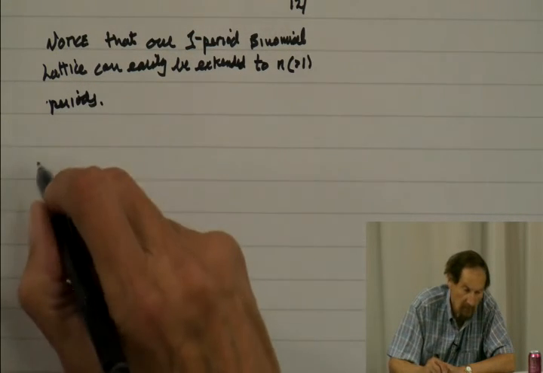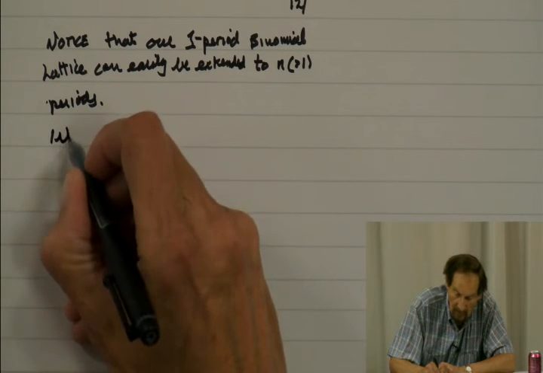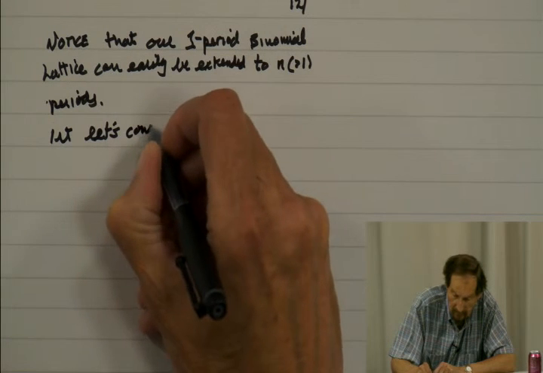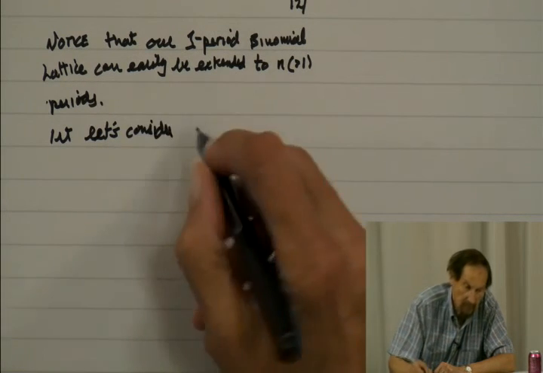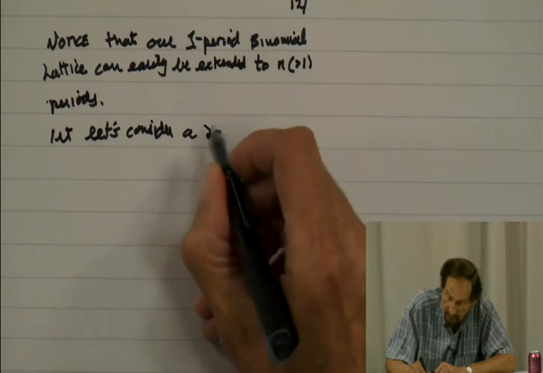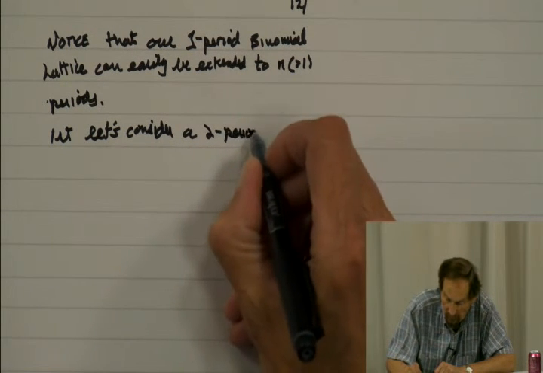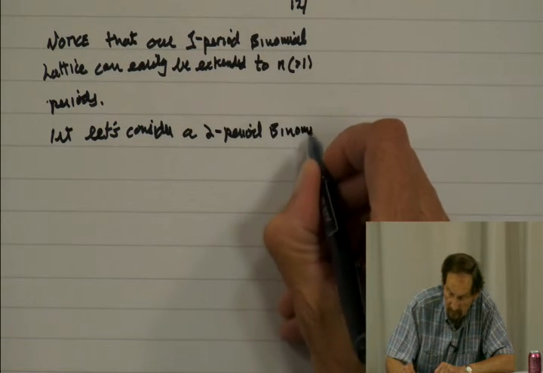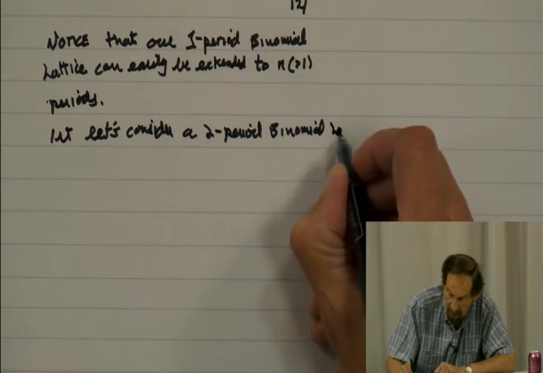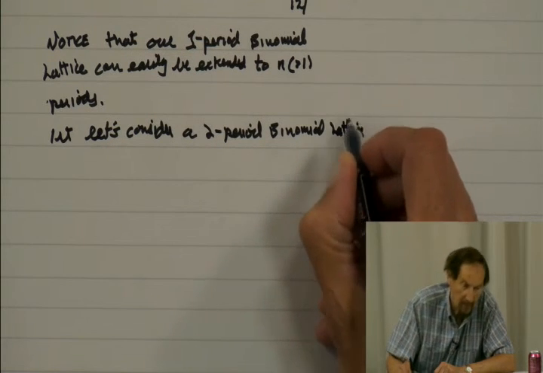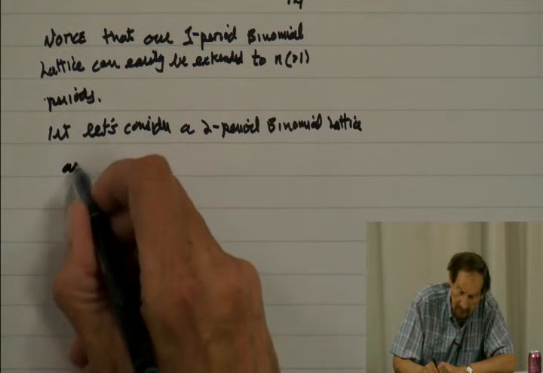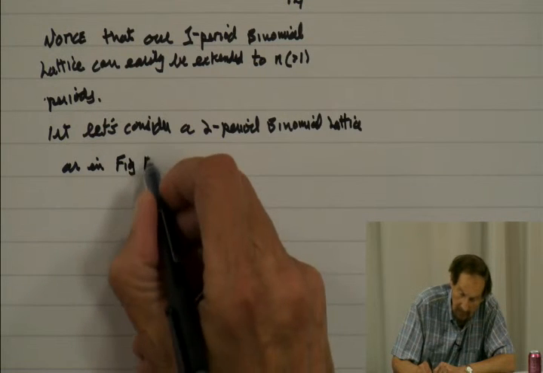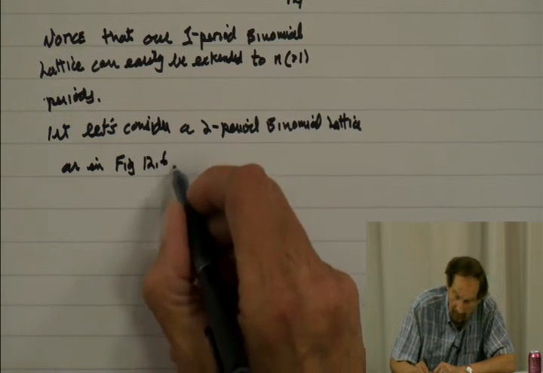Okay. First, let's consider a 2-period binomial lattice. As in figure 12.6, page 330.